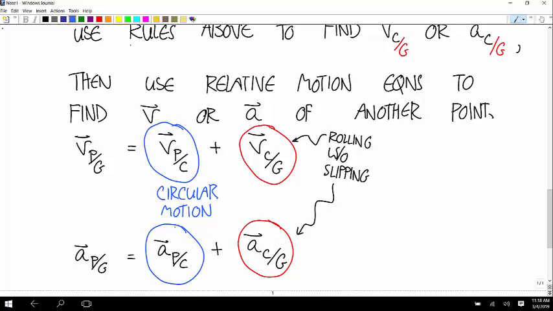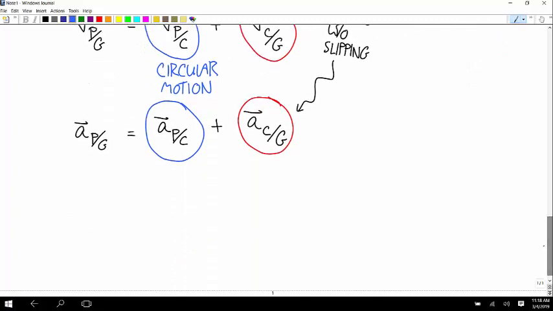Let's see. So let's calculate. Anybody have any questions about that? Yeah. P, C, and G. Okay, so P is the point of interest on the rolling object.